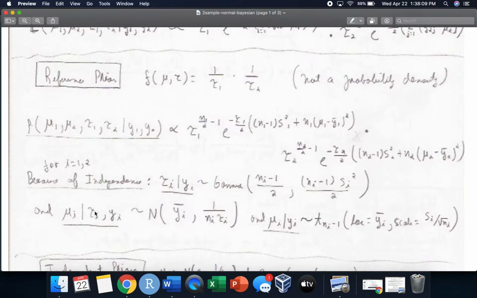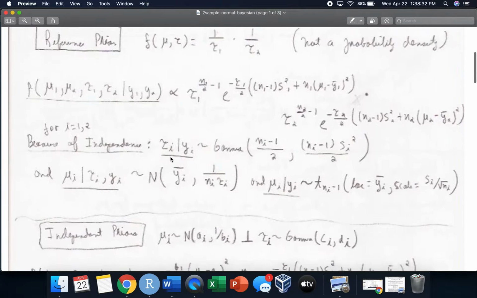Then we can get the marginal of mu specifically without conditioning on tau, and that becomes a t-distribution with n minus 1 degrees of freedom, location y bar, and scale sample SD over square root of n. Again, technically there are two distributions for each one of these because we have two independent samples.